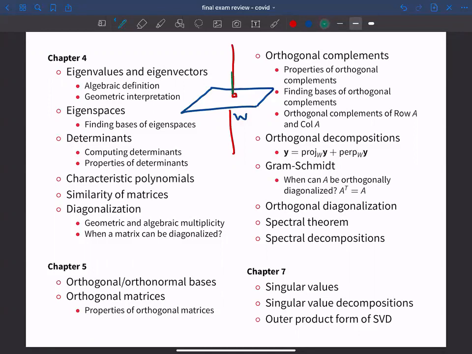Every vector you pick on the red one is going to be orthogonal to every vector you pick on the blue one. If every vector in one subspace is orthogonal to every vector in the other, then we would say that those subspaces are orthogonal to each other. And if they're as big as possible, we'd call it the orthogonal complement. Is that okay? Yep. Thank you.